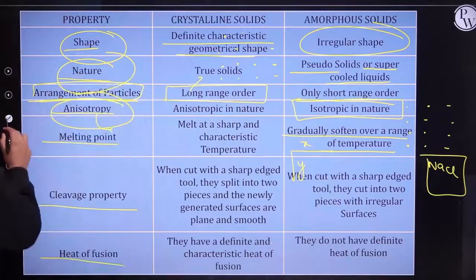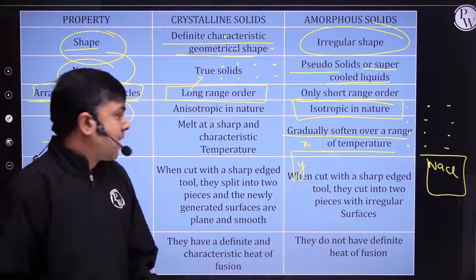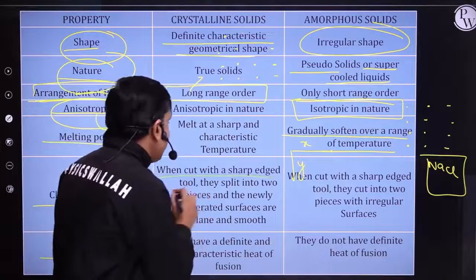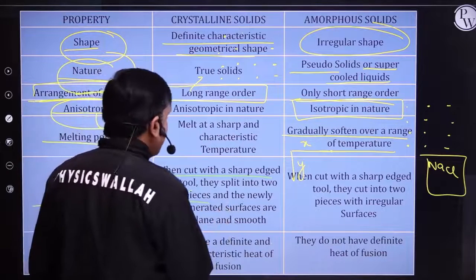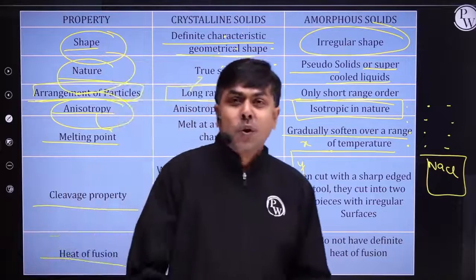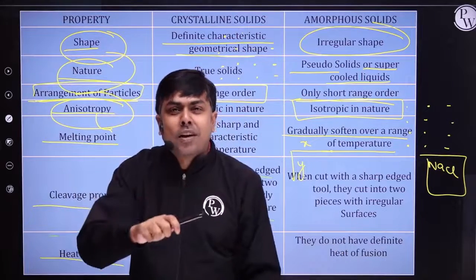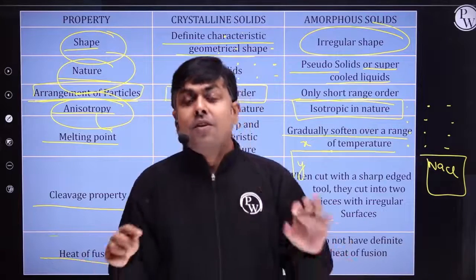Next one, the cleavage property. Students, when we cut a crystalline solid with a sharp edge tool, it simply splits into two pieces and the newly generated surfaces are plain and smooth. Whenever we cut a crystalline solid, it first cuts into two equal pieces, right?